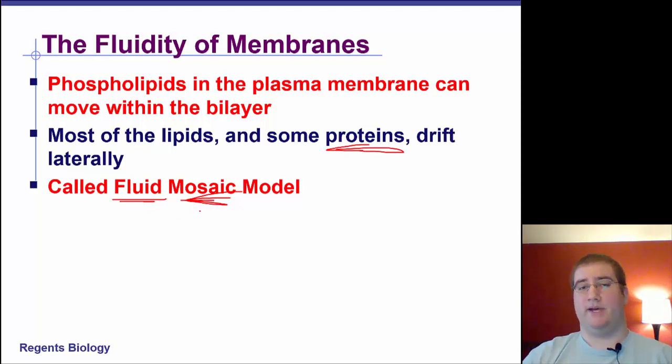Scientists, when they looked at it under a microscope, saw this sea of fat with these protein islands almost floating in it. So under their eyes, it looked like a tile mosaic. So the scientists decided to call it a fluid mosaic model. This idea that your cell membrane is a sea of fat with these protein islands drifting within it. Sorry, your cells are a sea of fat. You're mostly fat.